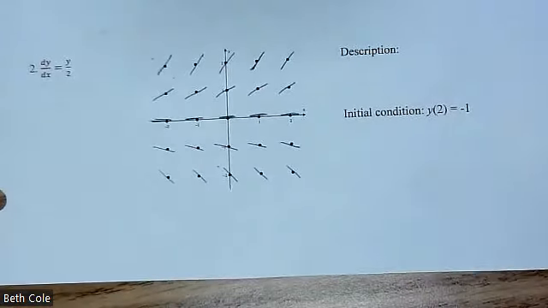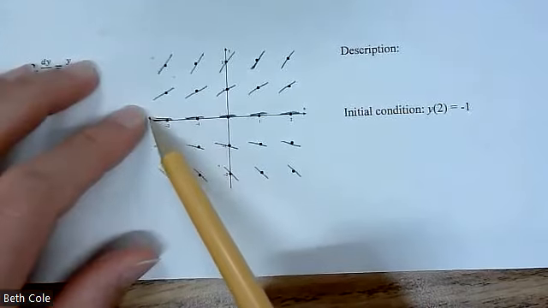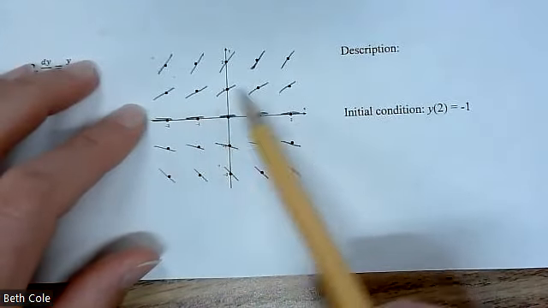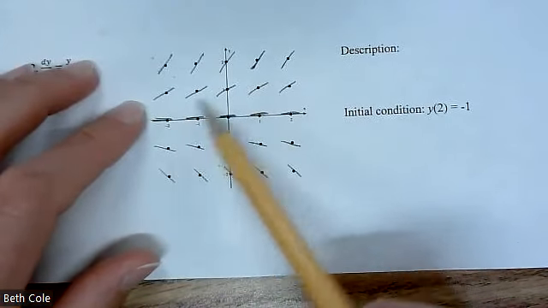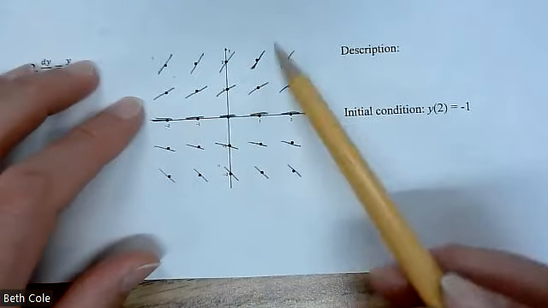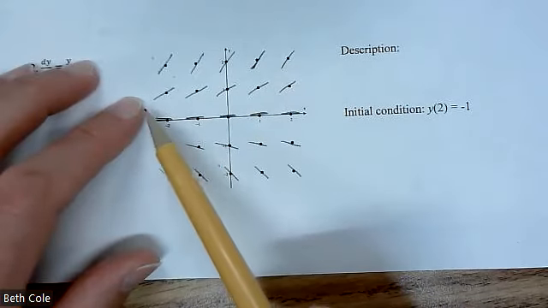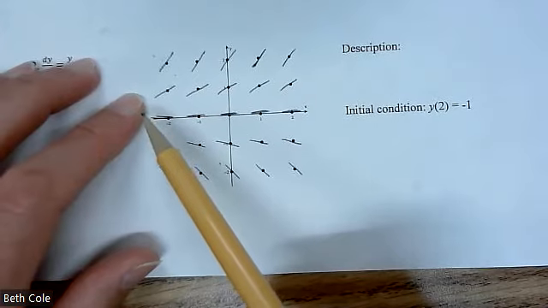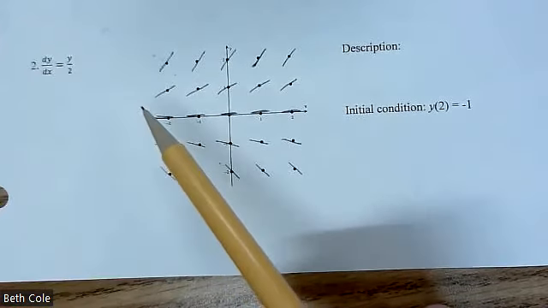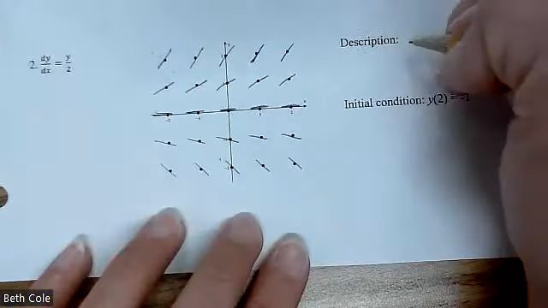So let's describe what they would look like. If you were to draw in a curve, following along with these slopes, what would it look like? Well, I like that you're creative, but I'm looking for, there we go, exponential.